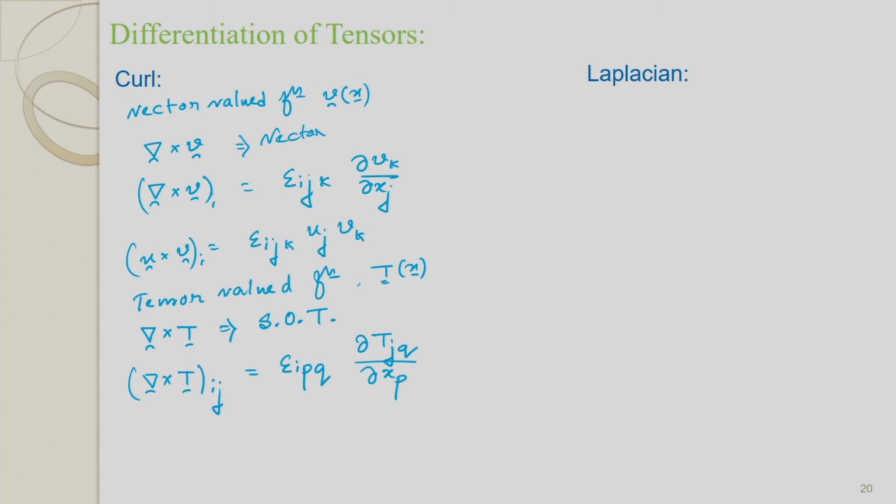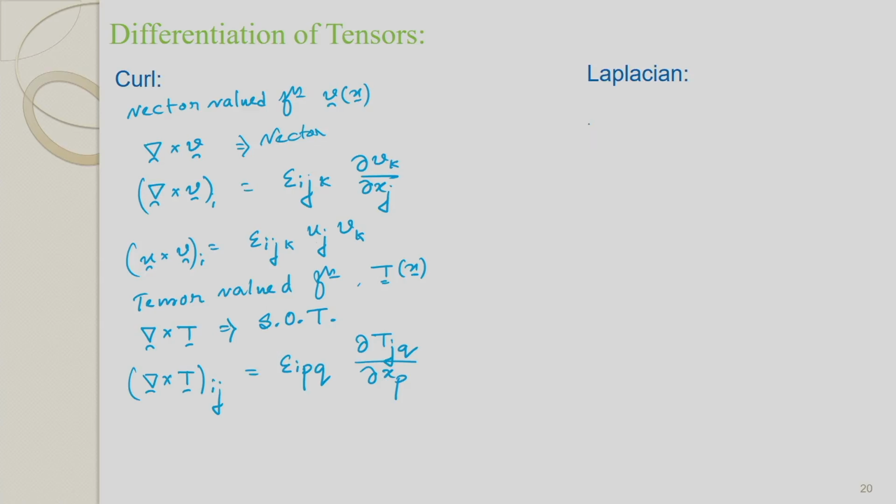So, these are the curl operations on vector valued and tensor valued functions. Now, by Laplacian, which is denoted by del square, on a scalar valued function phi, we mean divergence of gradient of phi, that is del square phi del x i del x i. These are different kinds of differentiation in tensor calculus.